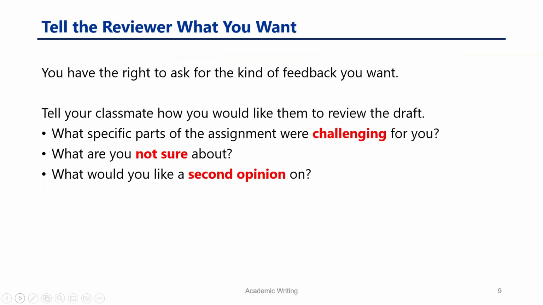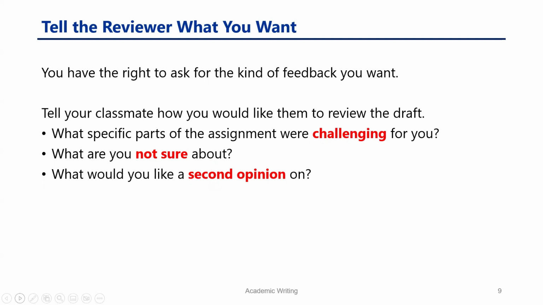So when you're getting ready to ask another student to review your paper, take some time and write some instructions for them. You have the right to ask for the kind of feedback you want. So tell your classmate how you would like them to review the draft. For example, you could tell them what specific parts of the assignment were challenging for you and ask them to look at that closely.